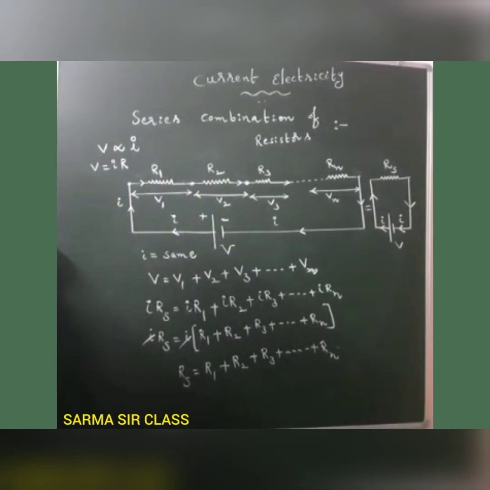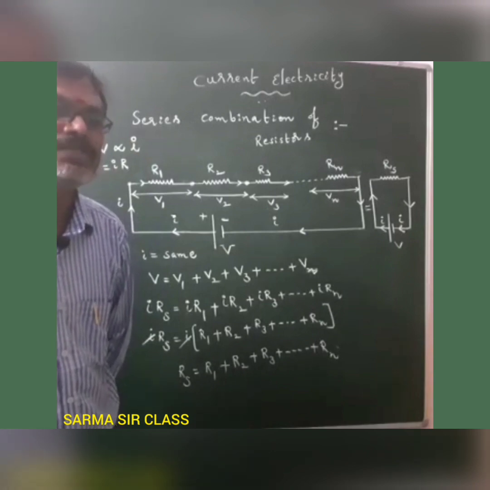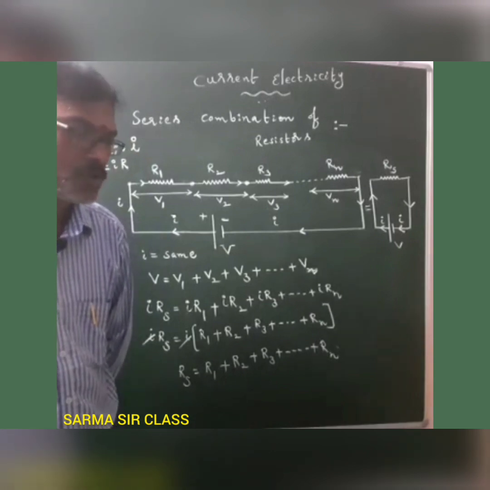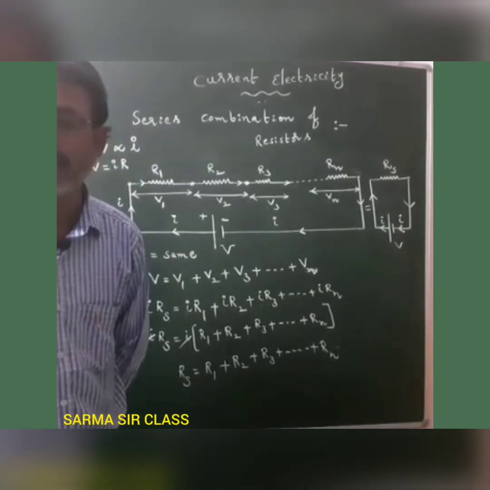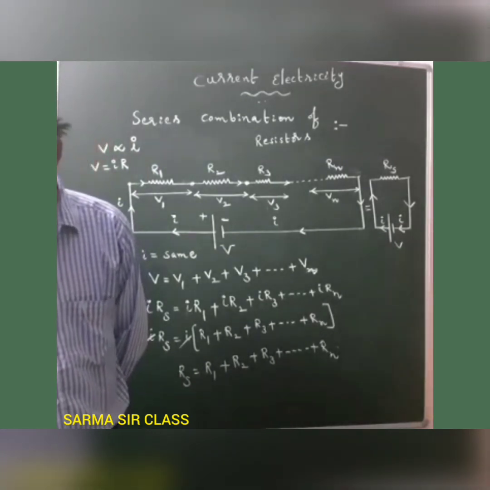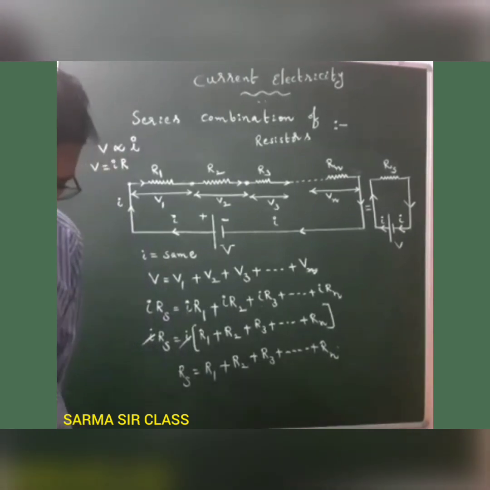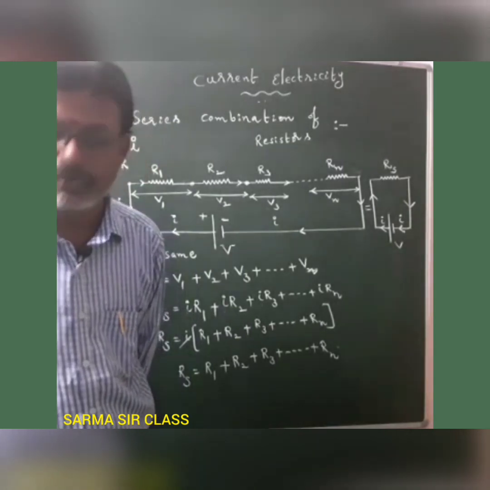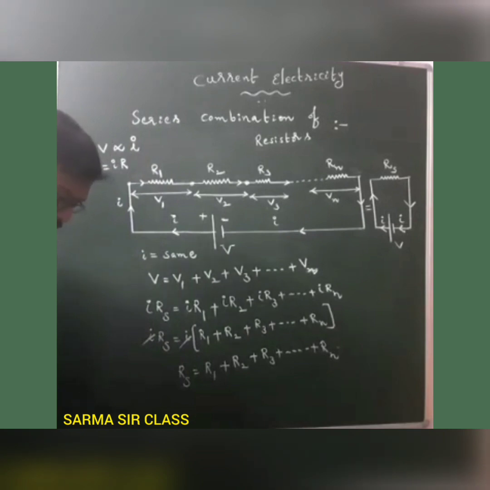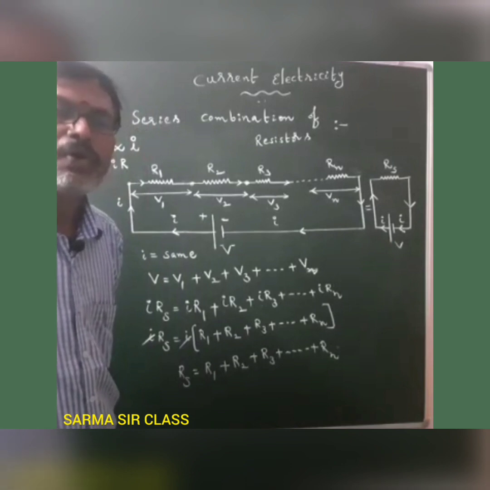Okay, so write down the first point. The resistors are arranged in such a way that the current has to flow only in one direction.